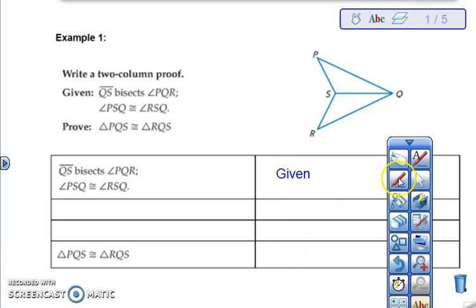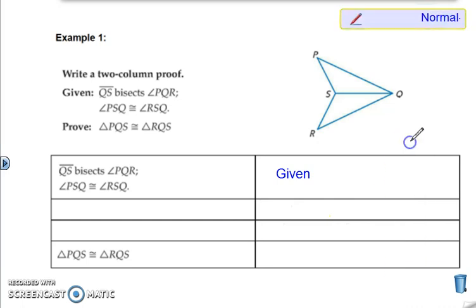Then to figure out how the rest of this is going to go, we probably want to look at what information they gave us in the given statement. So we know that QS bisects angle PQR. So that means that this angle right here has to match this angle right here.